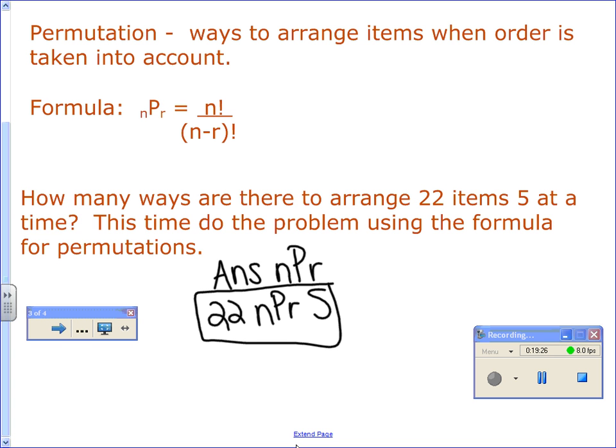And you should still get the same number. Does that make sense? If you use the calculator or if you use the formula, 22 factorial over what factorial? Which is 17. So see if that gives you the same answer.